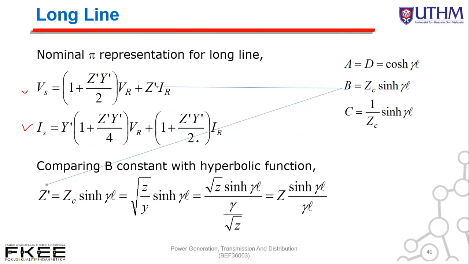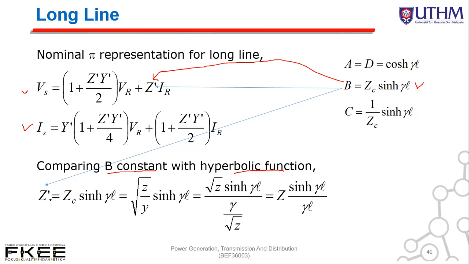By comparing the B constant with the hyperbolic function, the constant is B equal to ZC sinh gamma L. We can convert this, B equal to Z prime here.